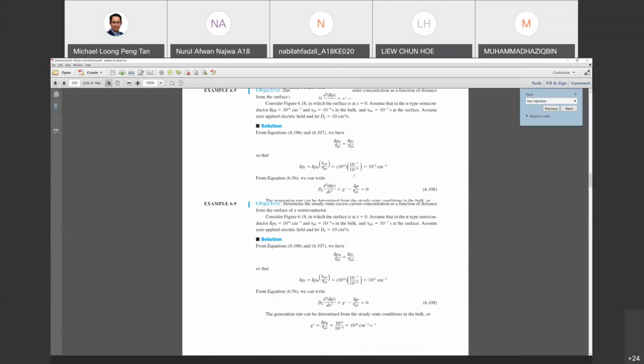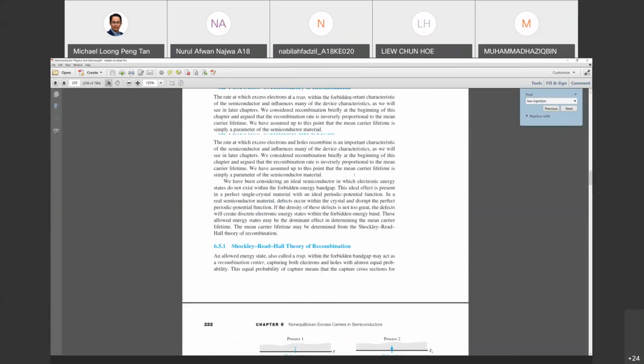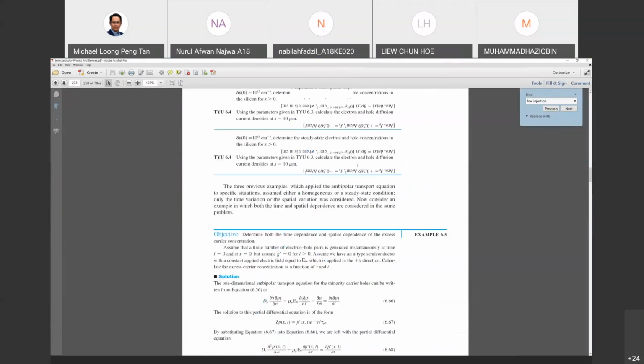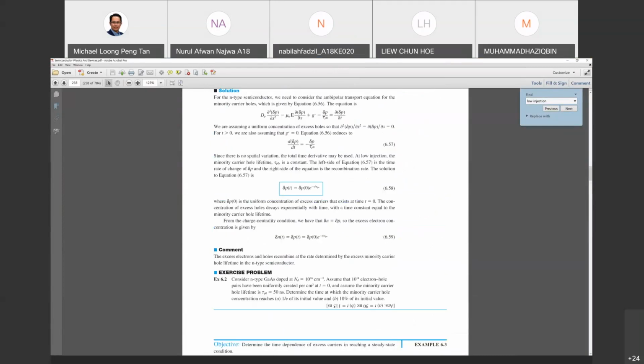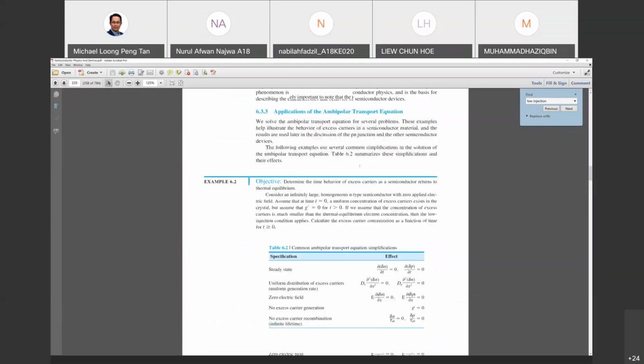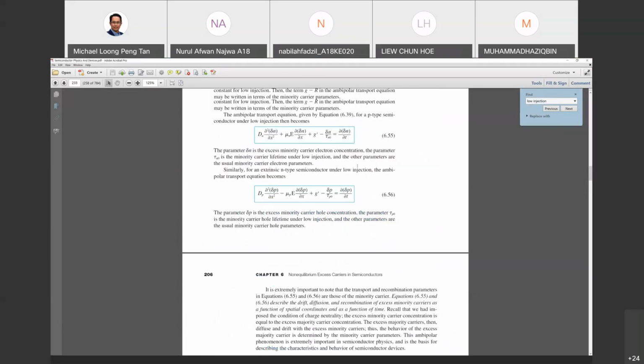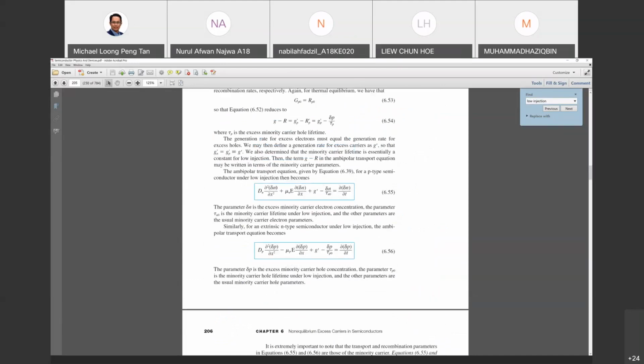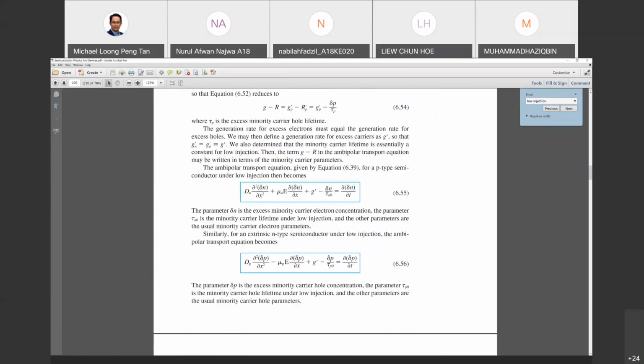So the next part is they're trying to do the ambipolar equation, which is quite a handful. The long winding explanation is because they just want to get these two equations only. They say ambipolar equation 6.39.